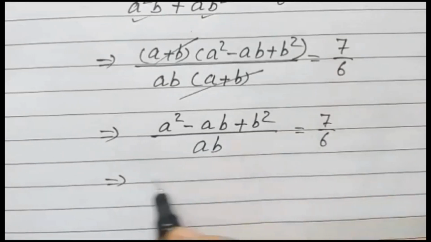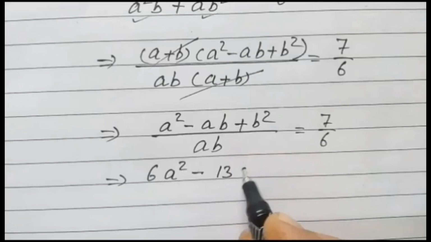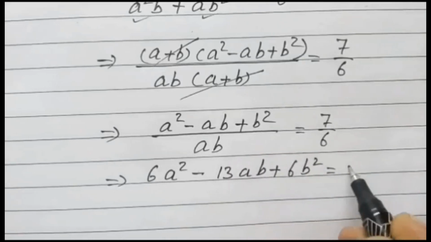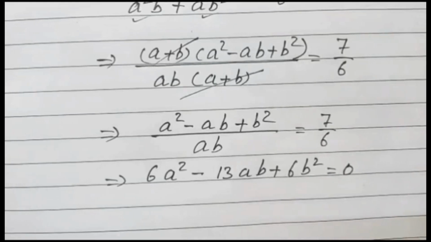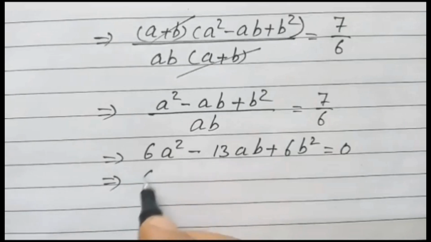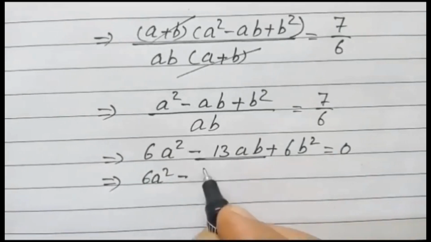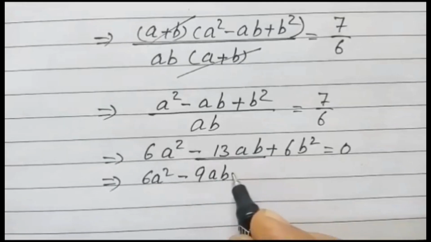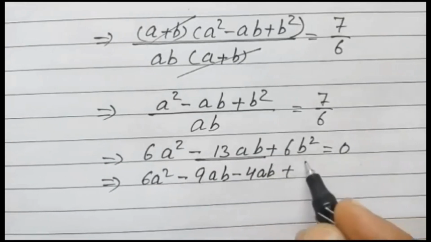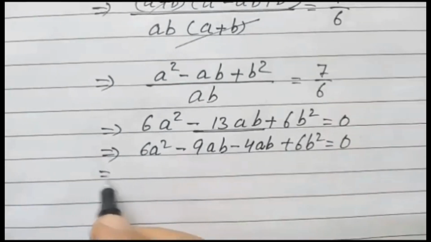If we cross multiply, we get 6a^2 minus 13ab plus 6b^2 is equal to 0, right? 6a^2, this minus 9ab minus 4ab plus 6b^2 is equal to 0, right?